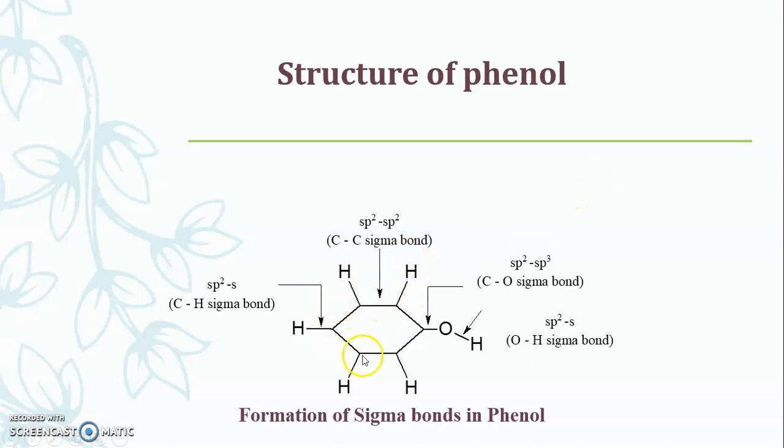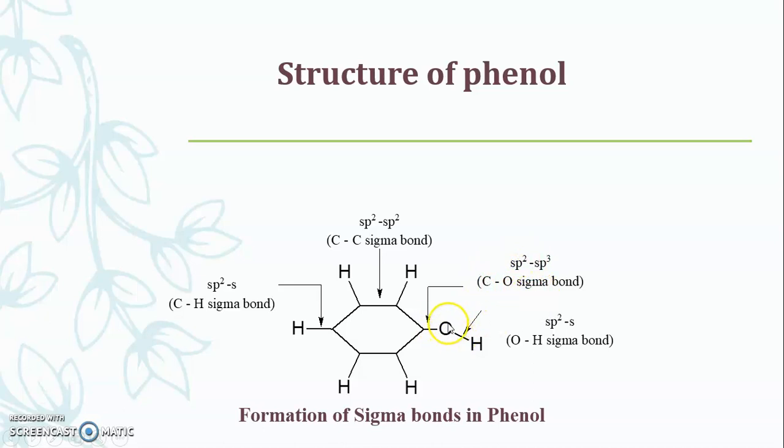Similarly, apart from these 5 carbon atoms, this carbon atom forms another bond with the oxygen atom. This oxygen atom is present in the sp3 hybridized state. So sp2 hybridized carbon and sp3 hybridized oxygen form a third type of sigma bond, that is the carbon-oxygen sigma bond.